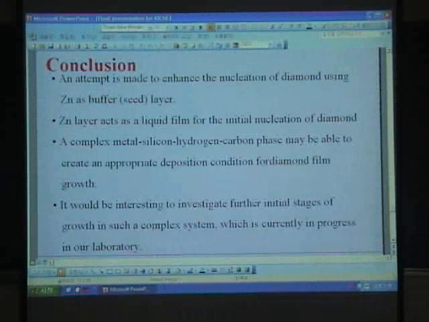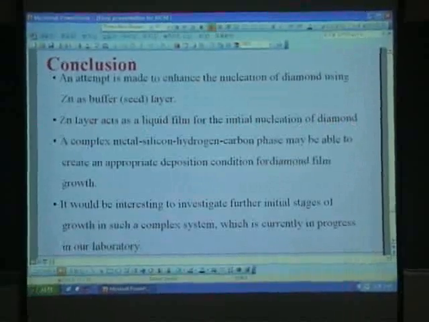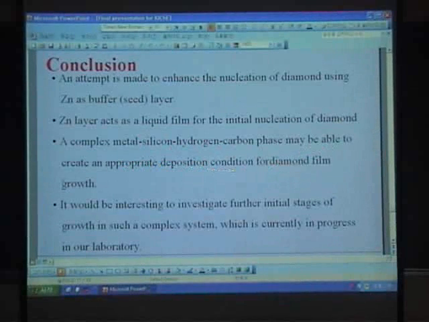Here we can conclude our results. An attempt is made to enhance the nucleation of diamond using zinc as a buffer layer. The zinc layer acts as a liquid film for the initial nucleation of diamond. A complex of metal, silicon, hydrogen and carbon may be able to create an appropriate deposition condition for diamond film growth.